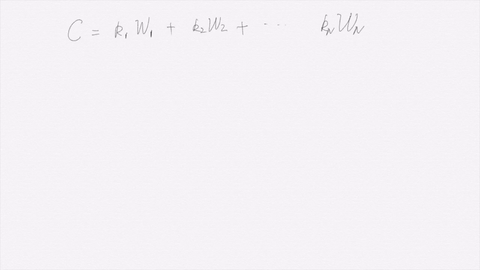The sum of those components makes the data covariance matrix C. Those component matrices have a very important property: they are rank 1 matrices.